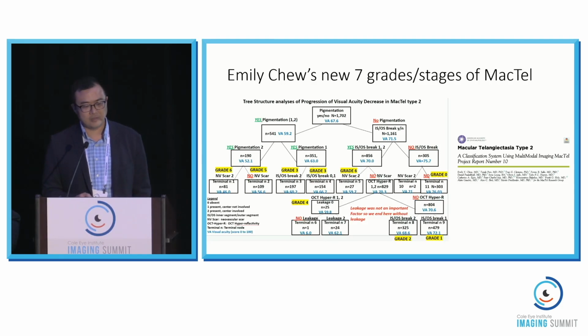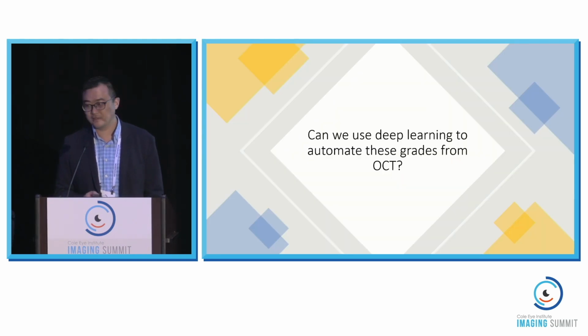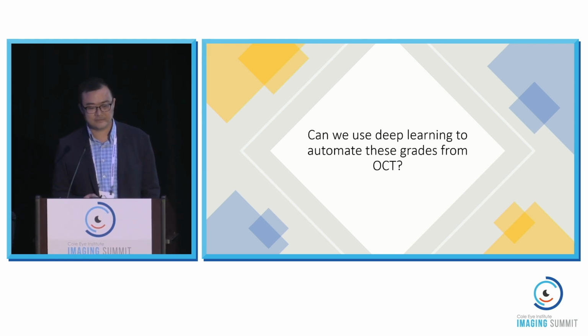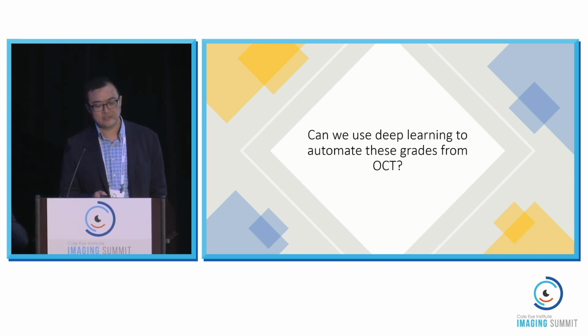As our group is part of the MACTEL consortium, and because we do a lot of deep learning and AI work, we wanted to see if there was some way we could automate this, because I don't think most clinicians want to sit in their offices and try to figure out which one of the 7 grades a MACTEL type 2 patient belongs in.